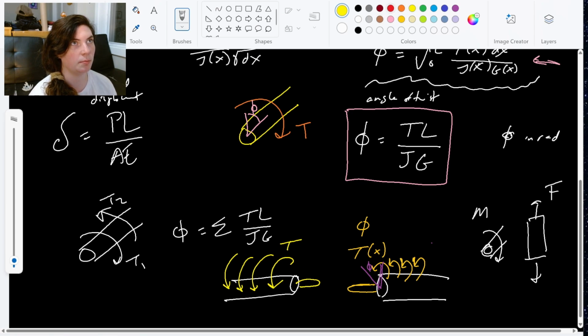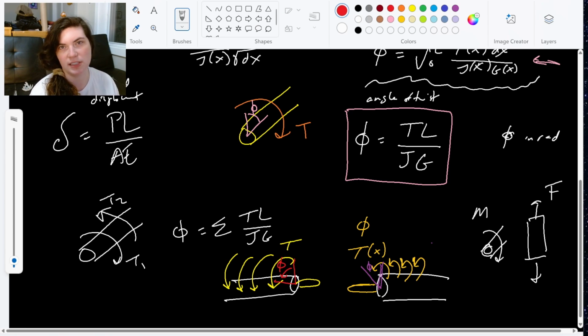Where now my angle of twist originally starts upright and moves out this way towards us, right? Coming towards us, that's my positive angle of twist. So just remember your right hand rule: thumb points out, and then your fingers give you the positive direction of the torque. That's our sign convention for these.